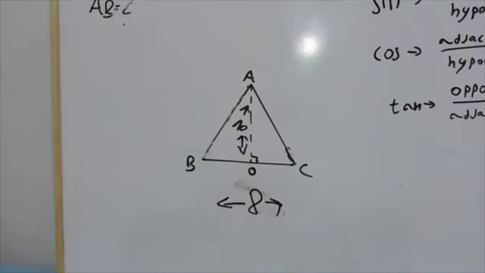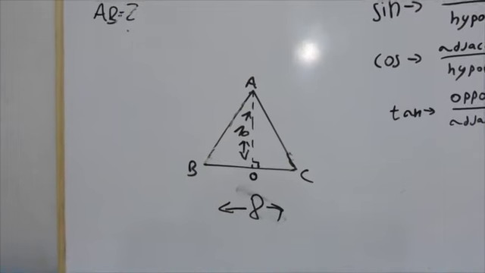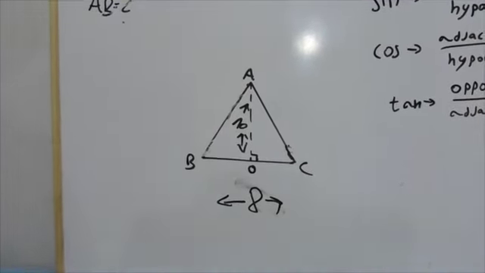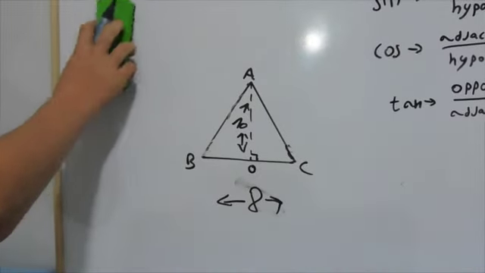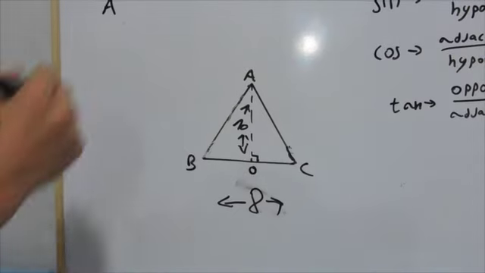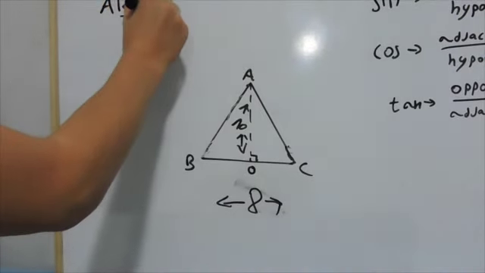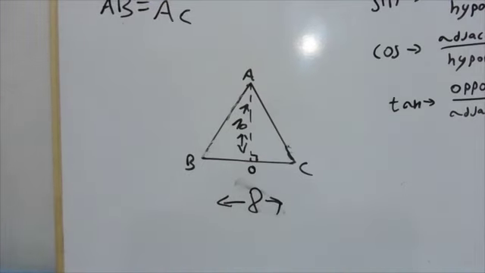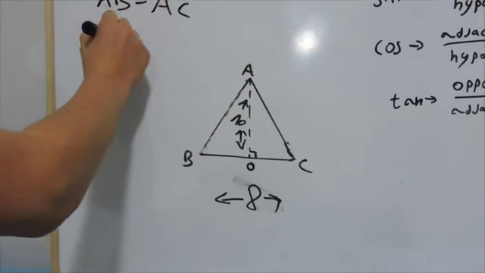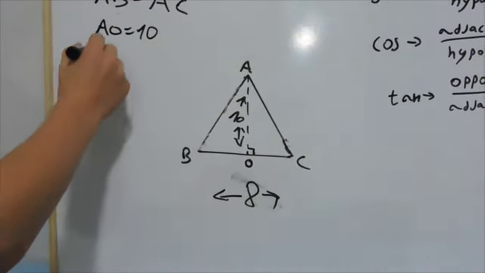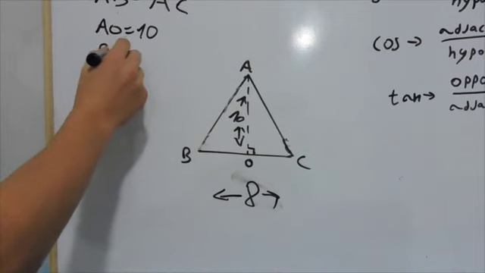This is a triangle where AB equals AC, and AO equals 10, and BC equals 8.